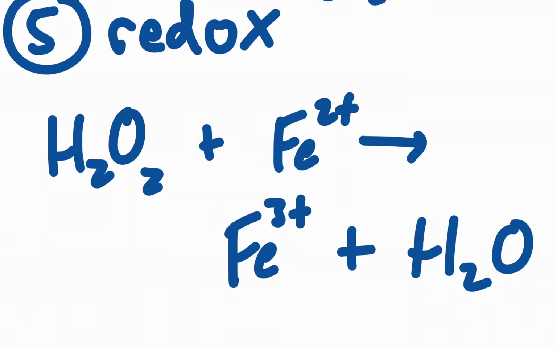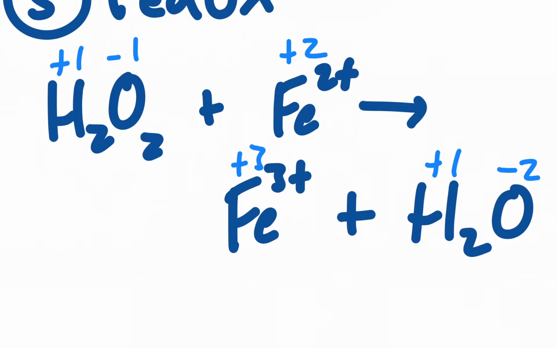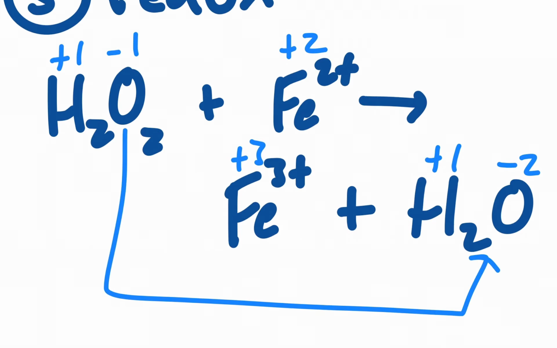And I can assign oxidation states. In a peroxide, oxygen is -1, H is +1. In iron 2 plus, it's +2. In iron 3 plus, it's +3. In water, it's -2 and +1 for the oxygen and hydrogen. So the oxygen gets reduced, the iron gets oxidized.